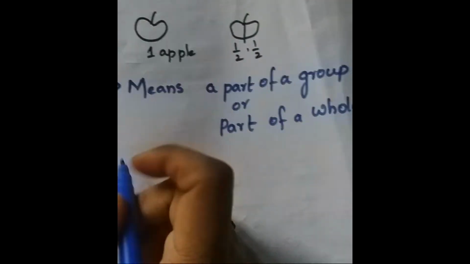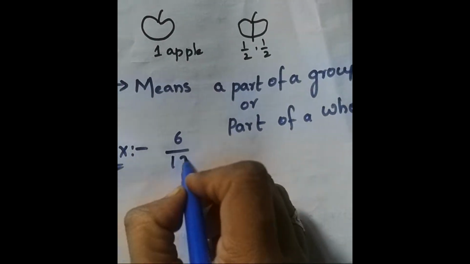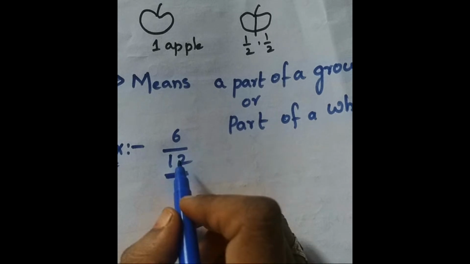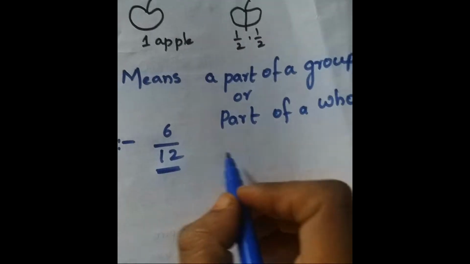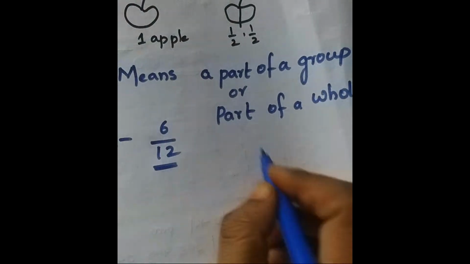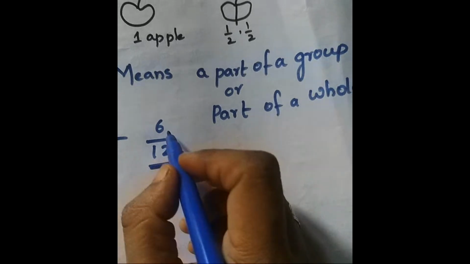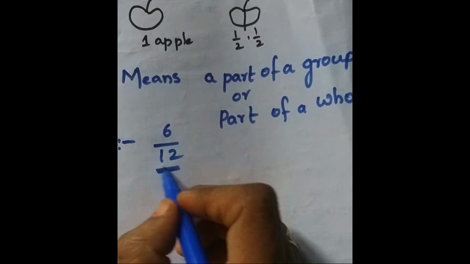For example, I am taking 6 by 12 here. What is this? 12 is the complete part. If 12 parts are there and 6 parts are shaded, that means 6 are shaded parts in 12 complete parts.